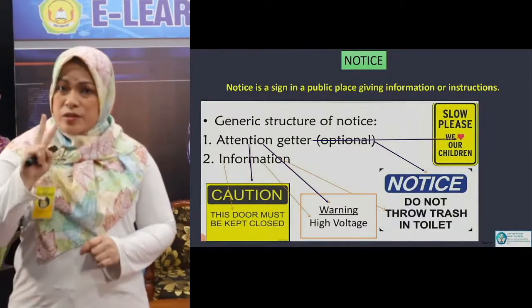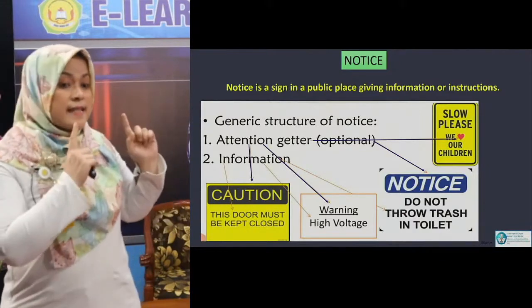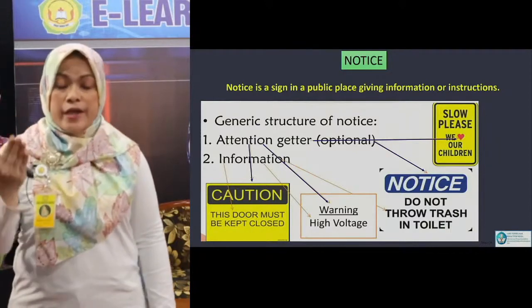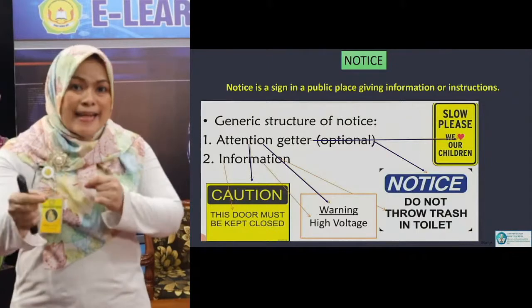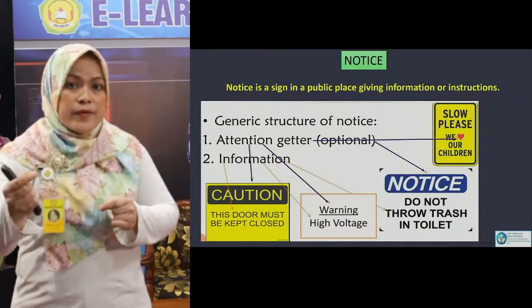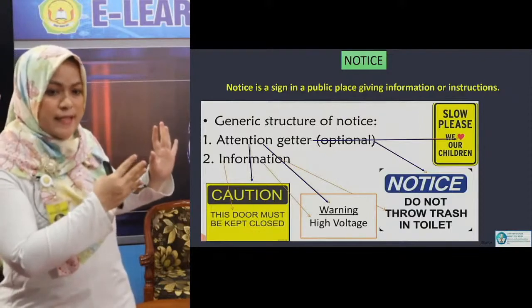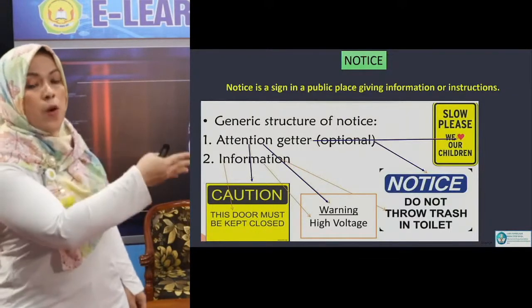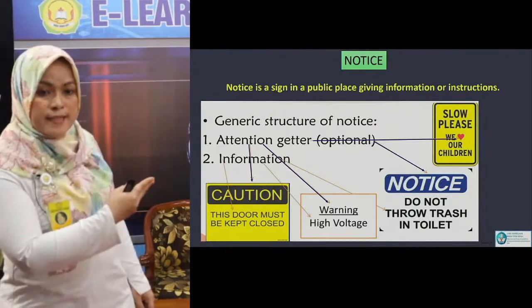It's just two things you need to know. The first one is the attention getter. What is the meaning of attention getter? It means the word that attracts the attention of others to read the notice. See, the attention getter here is caution, warning, and notice.